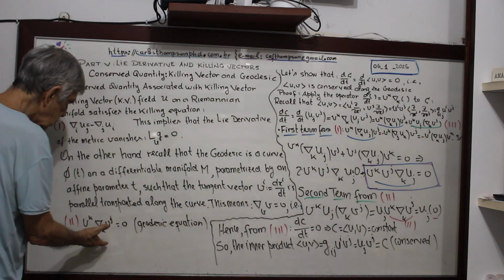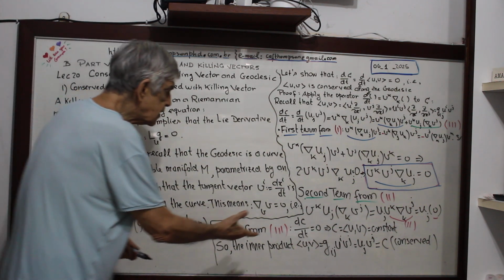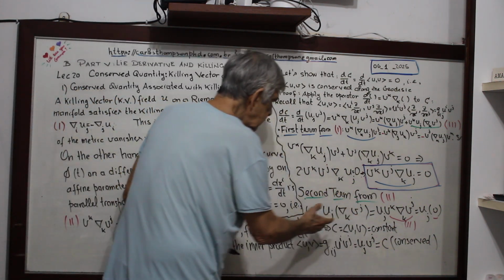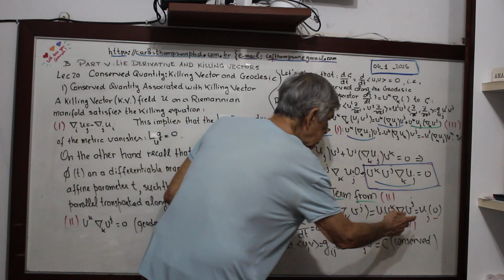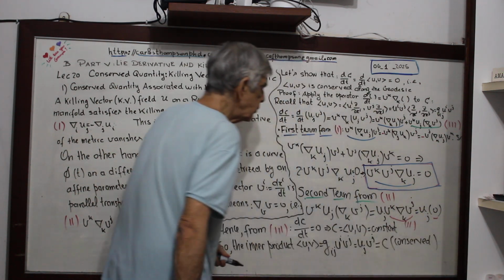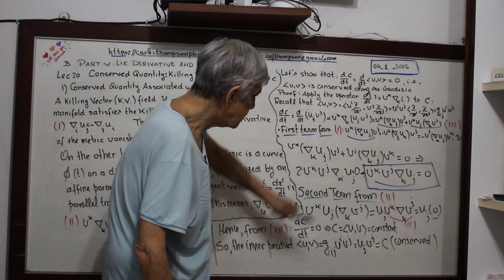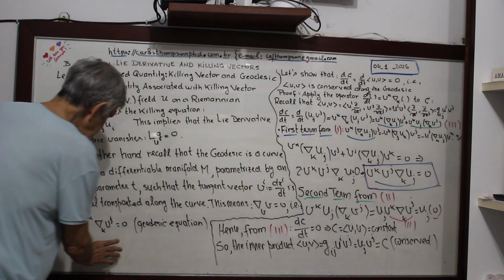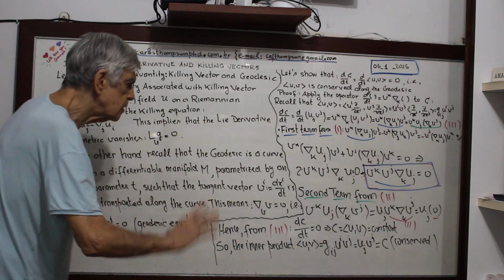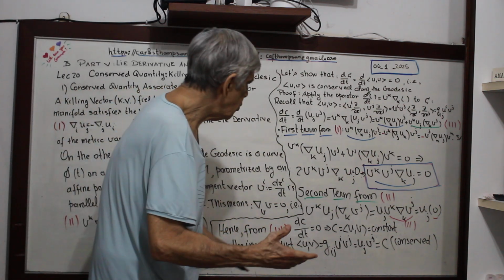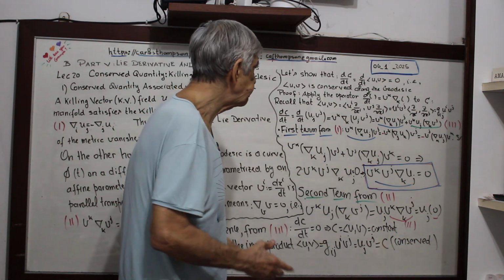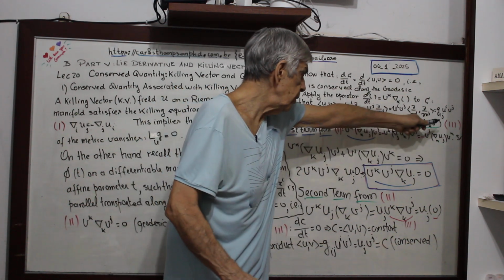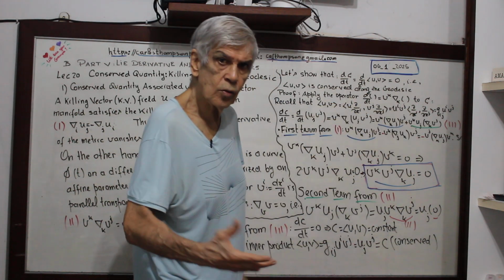So this follows: Uj times 0. This 0 comes exactly from relation 2. It's quite easy. Then we have also proved that the second term, the green one from equation 3, is 0.